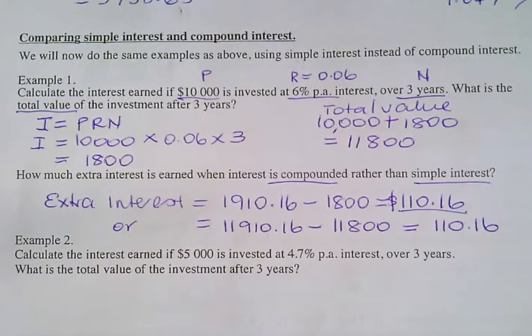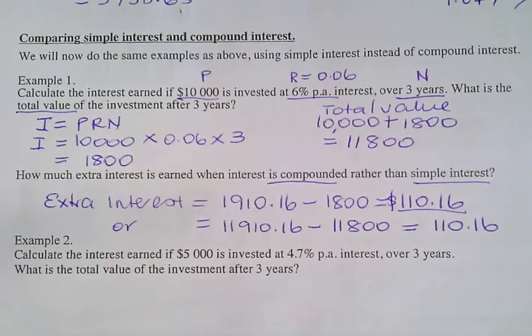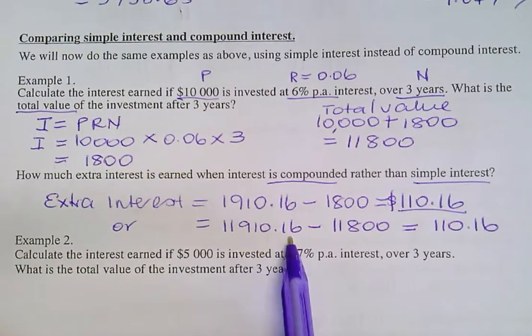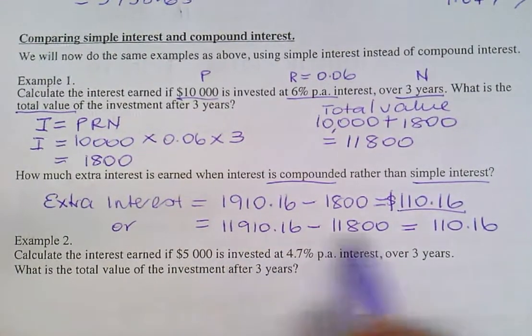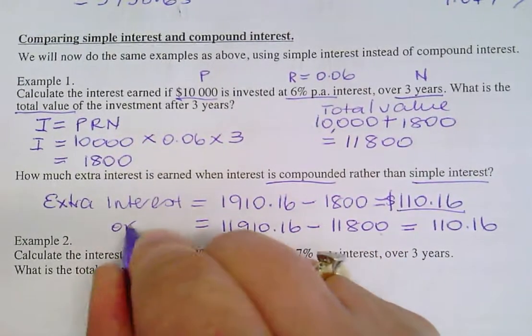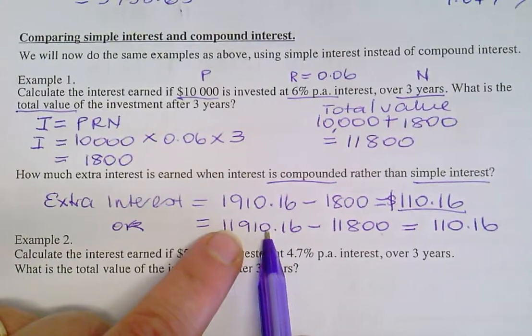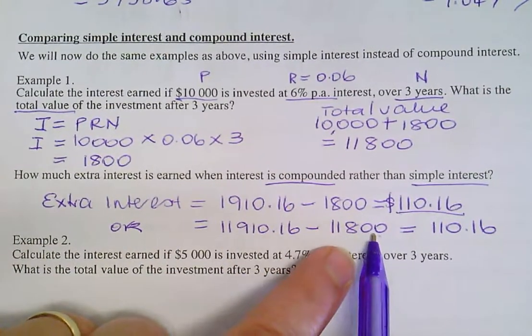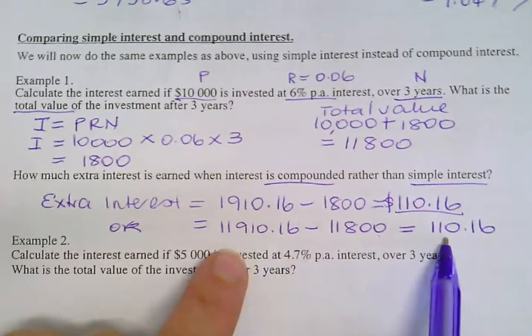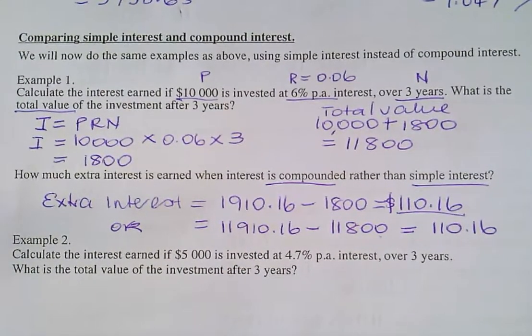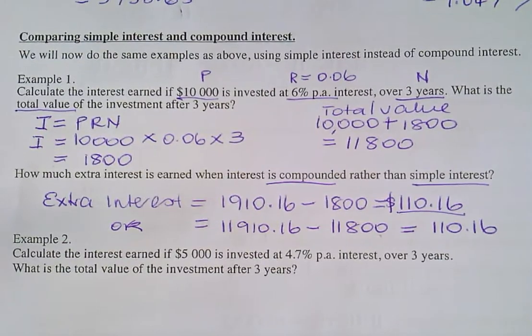But girls, I prefer to do the other interest, compare the two interests, instead of doing this second method. You could also do it that second way, where you do the final value of the first investment with compounding interest minus the final value of the second investment. That difference is also $110.16. What I like to do is do the interest for the first one and compare it to the interest for this one.